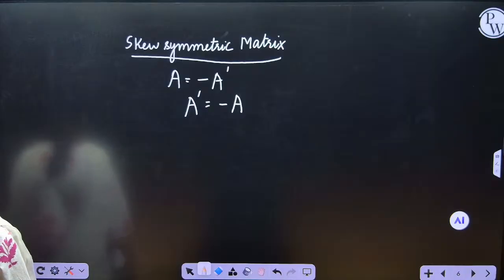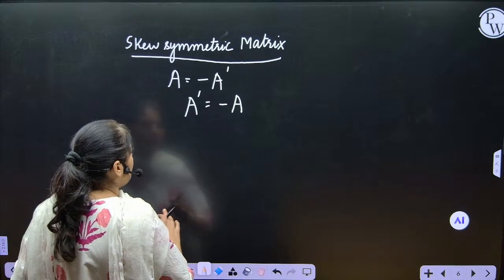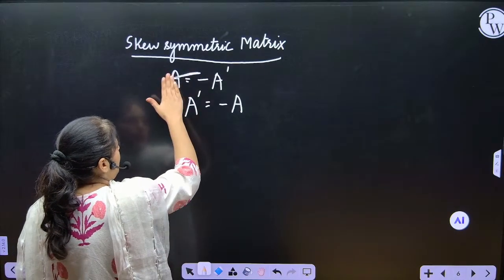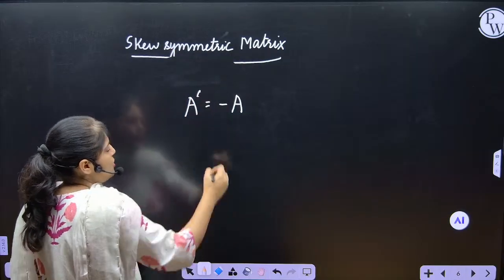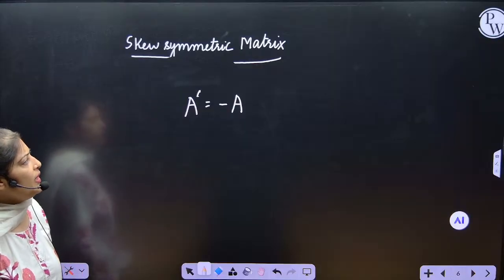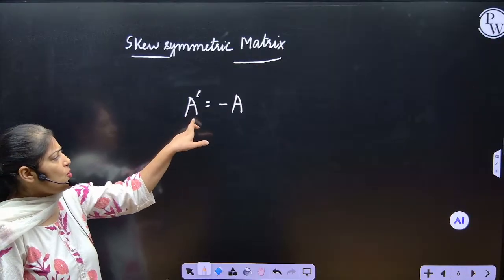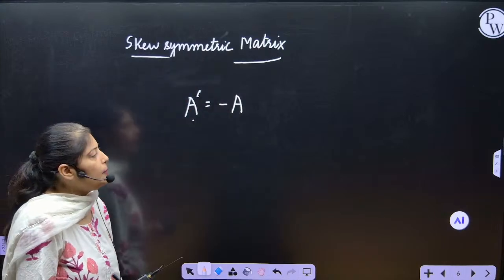Anyways, you can write A transpose equals minus of A. I'm taking it this way only, because we have to see with the transpose. So that's why I'm taking this.